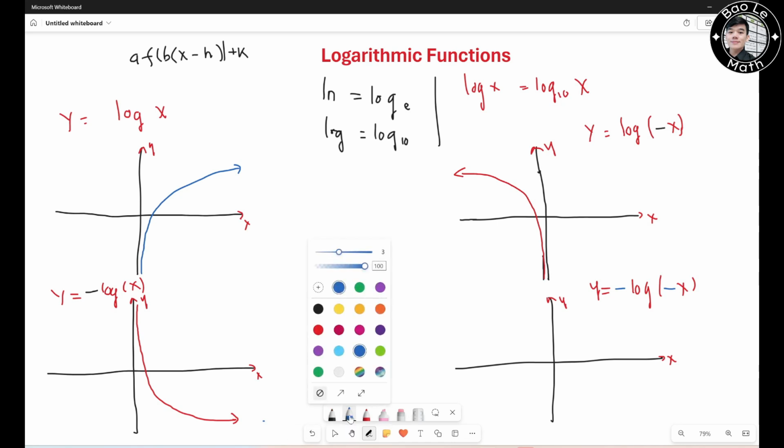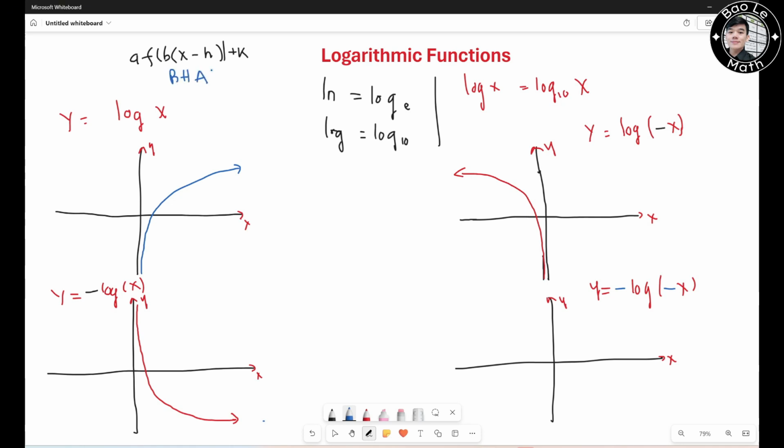Alright, so based on the transformation rule, we need to do b, h, a, k, right? So we need to do the horizontal dilation first. So we need to reflect the original function right here over the y-axis first, because you multiply the input by -1. So I reflect over the y-axis.